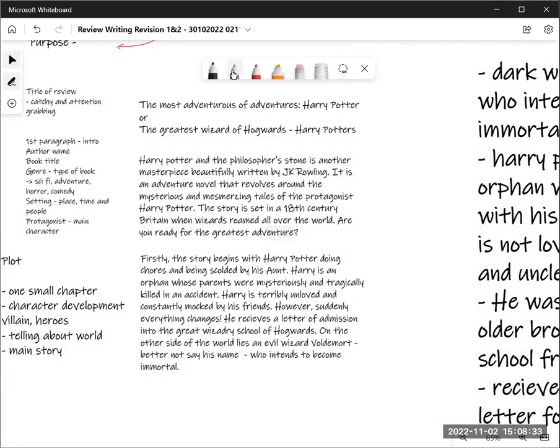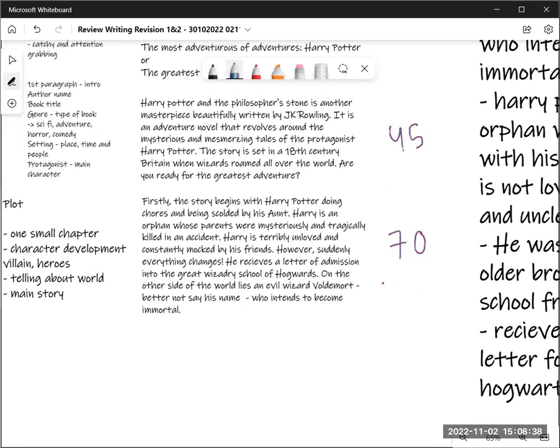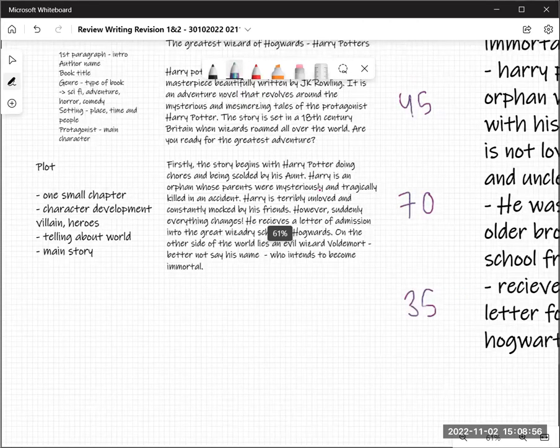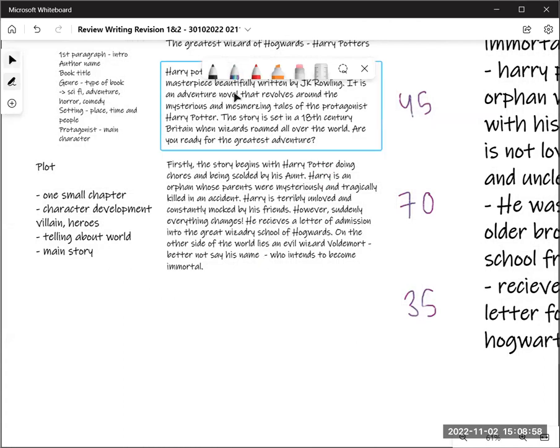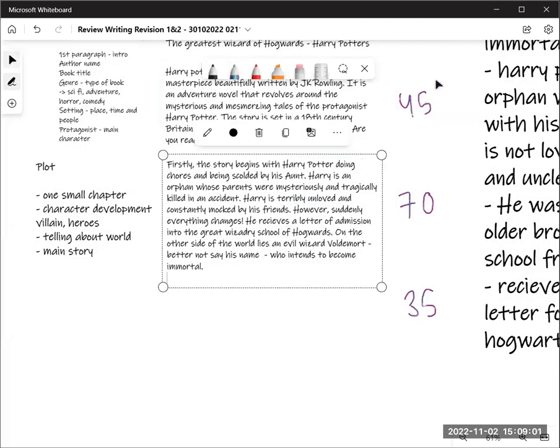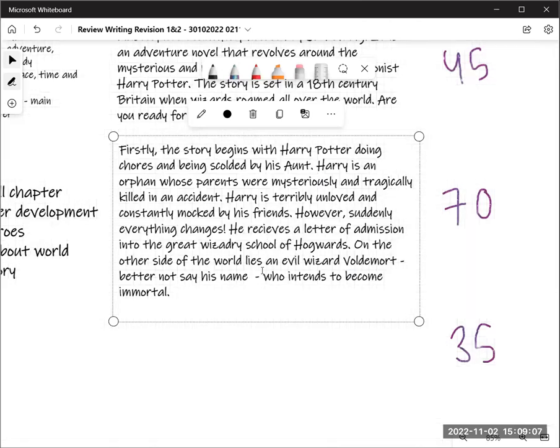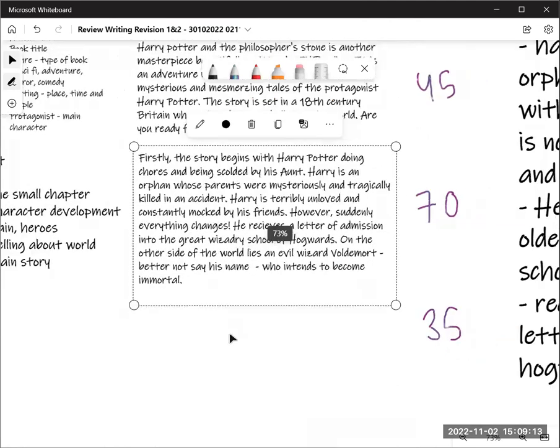Now, this is 45 words, and this is 70 words. How many words are left? Tell me quick. 35. Now I need to make a guess. Yep, 35. We'll talk about these things. Let's make this a bit shorter. I think that's enough. Let's continue.